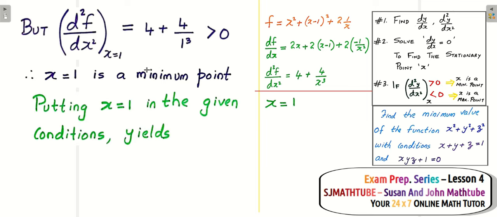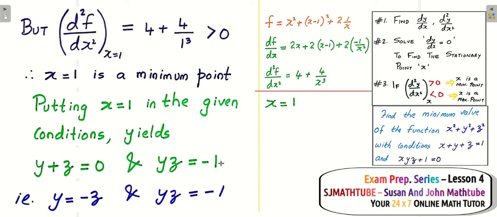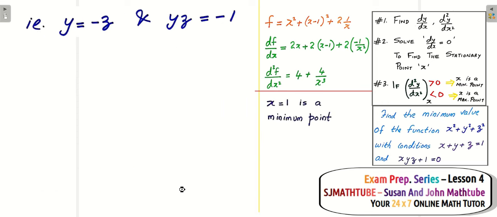And now we have to find the y value and the z value. So let's plug in these values in the condition. You can look at the conditions here. Okay, so let's plug in x is equal to 1. So y plus z will be equal to 0, and if you plug it here, you get y z equal to minus 1. So y is equal to minus z, and let's put this y value here and solve it.